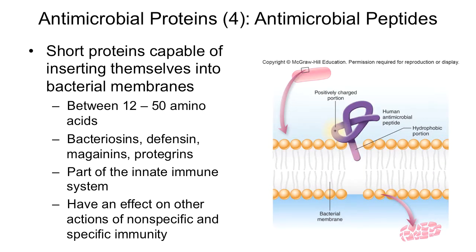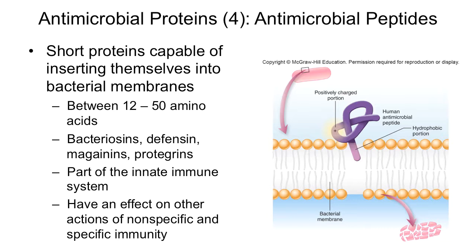The last group over here is going to be the antimicrobial peptides, which are often secreted in sweat, for example. They are a large family of molecules, of which bacteriocins and defensins are some of the most important ones, and they are non-specific innate immune molecules able to destroy bacteria by creating holes in their membranes.